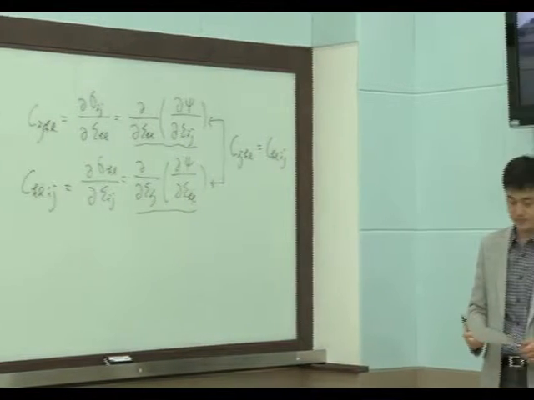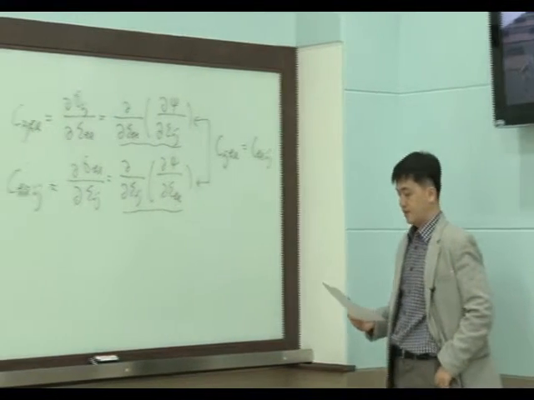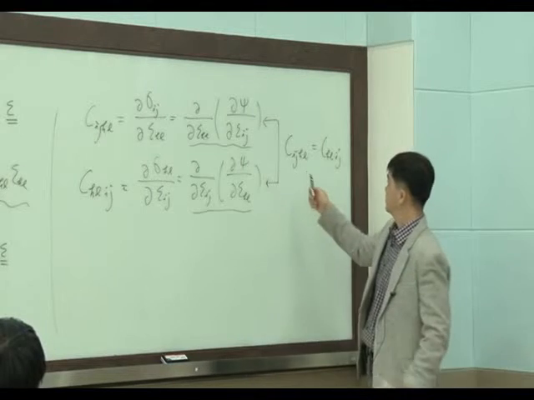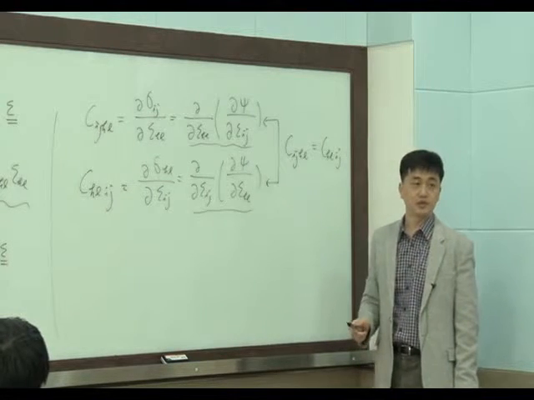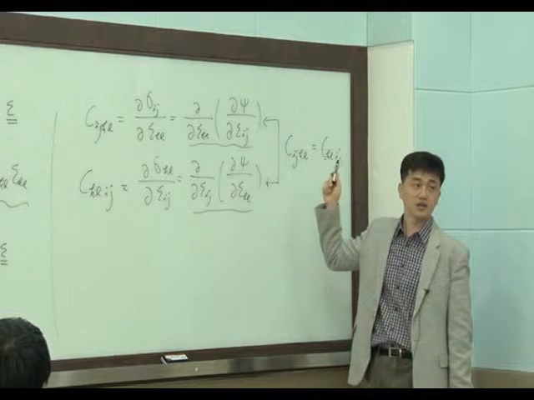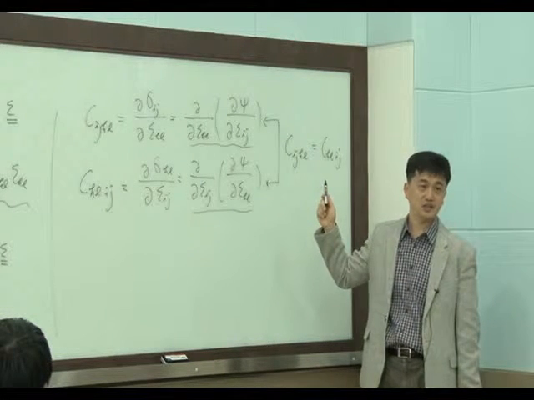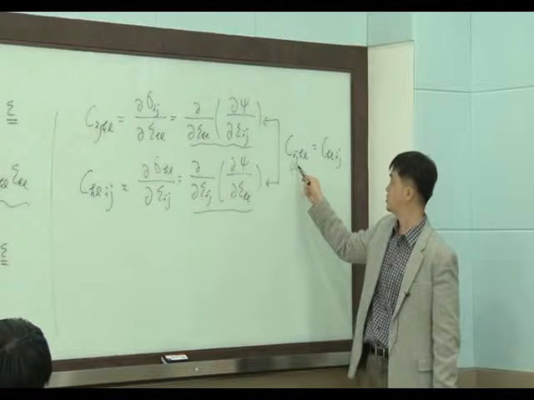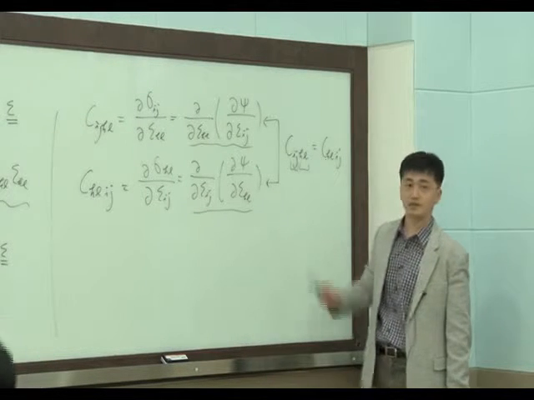It means this material tensor has a symmetry between the first two components and the last two.